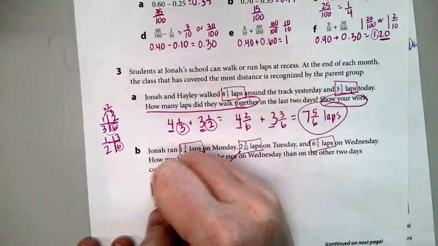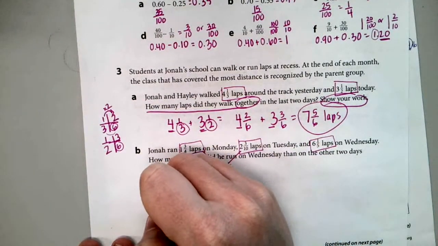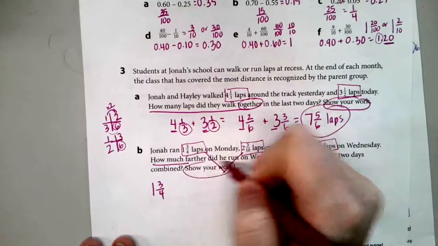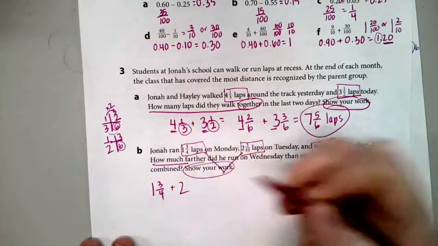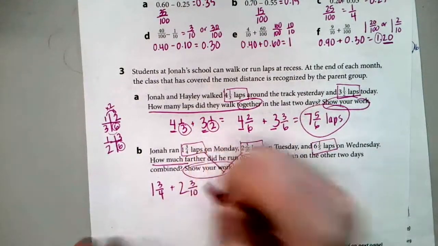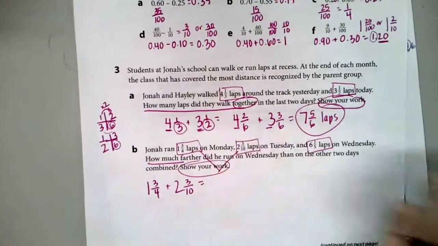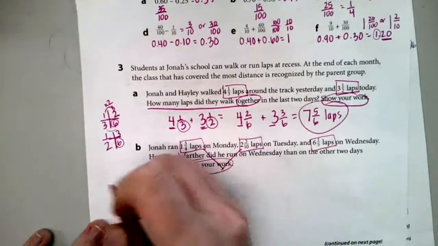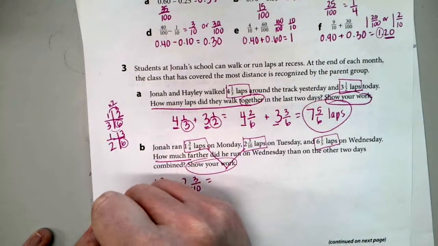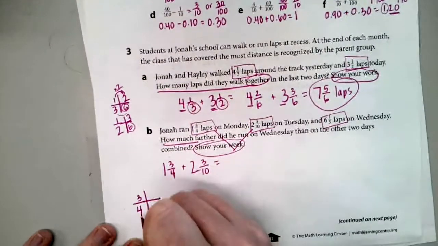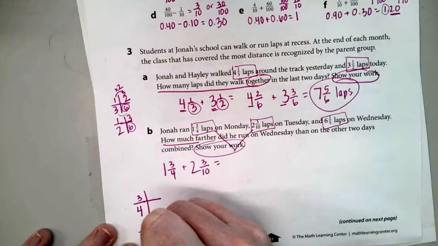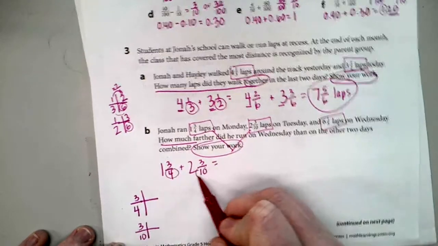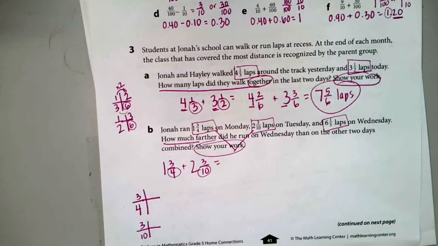So first I have to add 1 3/4 plus 2 3/10 because I need to combine those, which means all together. So let's come up with a common denominator that we can use for 3/4 and for 3/10. What works with both a 4 and a 10? What could we use? How about a 20?